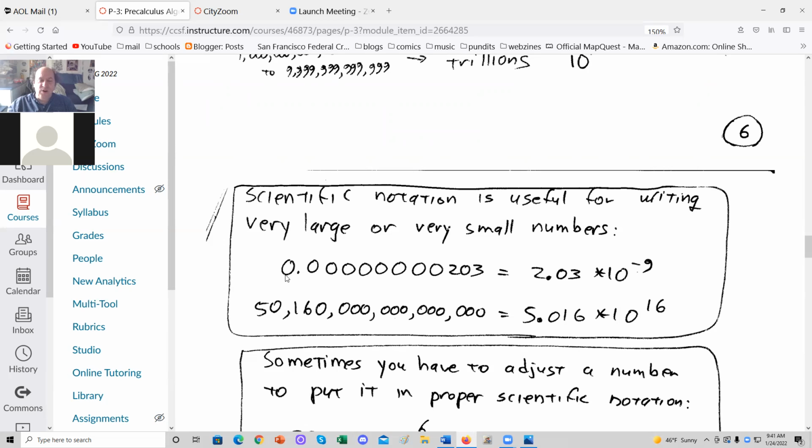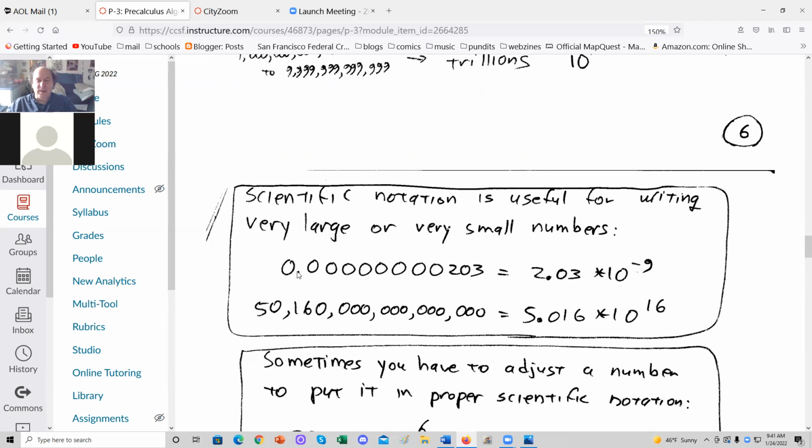So look at this horror. 0. bunch of zeros, 203. Well, it's 2.03. We write this part, I think it's called the mantissa, with the leading digit in the ones place, point the rest of it. Now 10 to what power? Now you have to be careful.